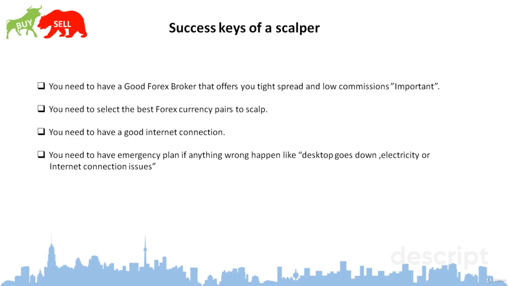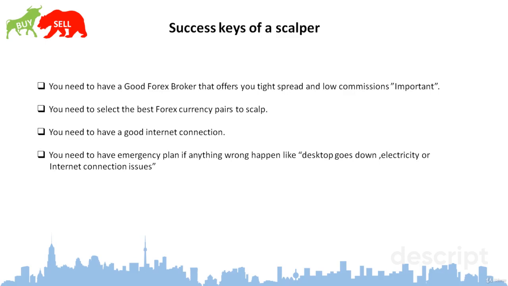The second point: you need to select the best Forex currency pairs to scalp. You don't have to bother searching to trade all currency pairs, so you have to specialize in certain currency pairs, which we will also develop in other chapters.